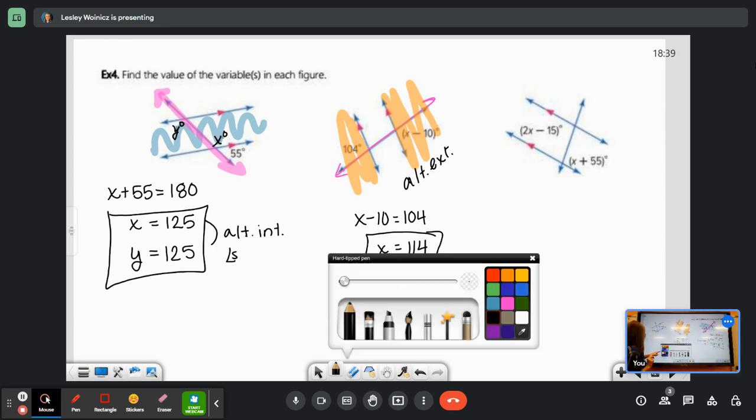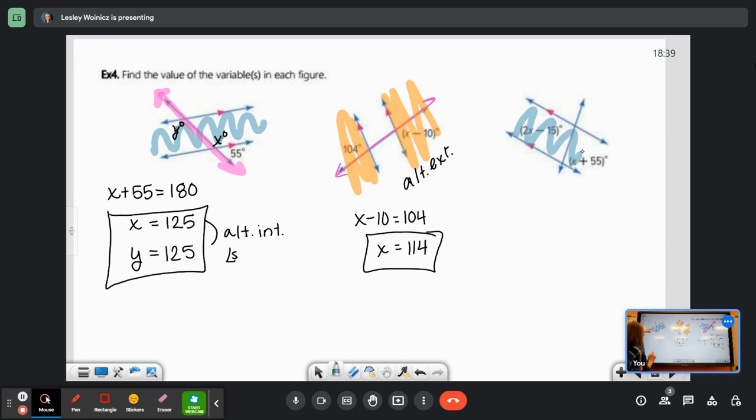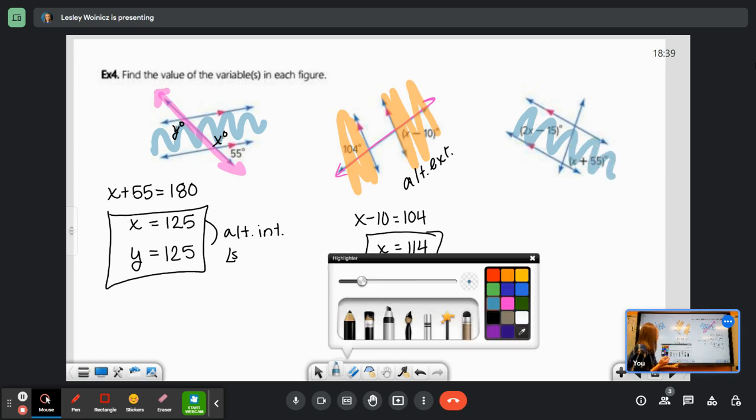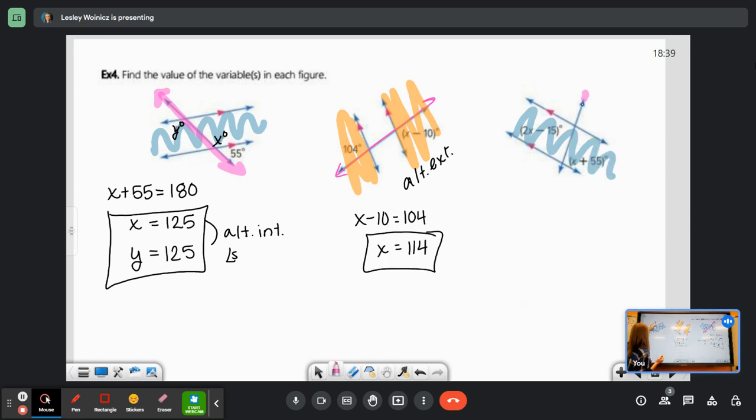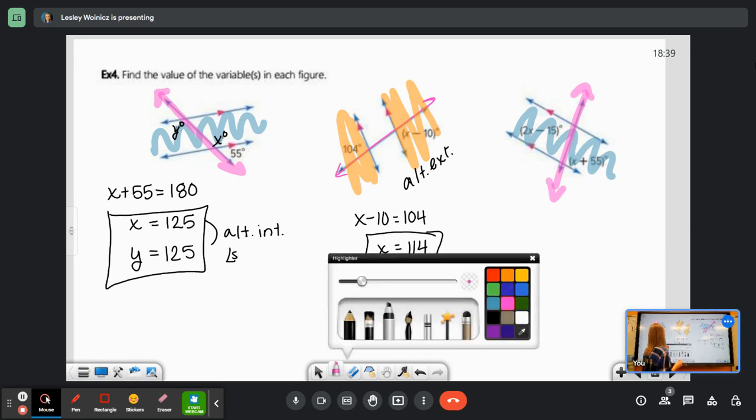Okay. And back to interiors. Interiors, and they are on alternate sides of my pink transversal. So they have to be congruent.